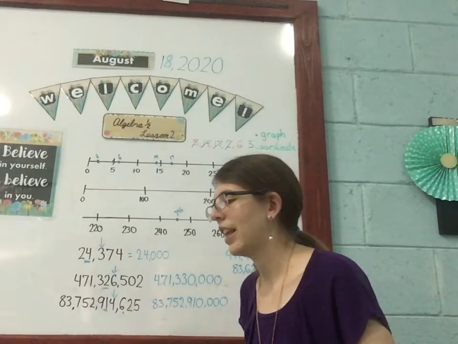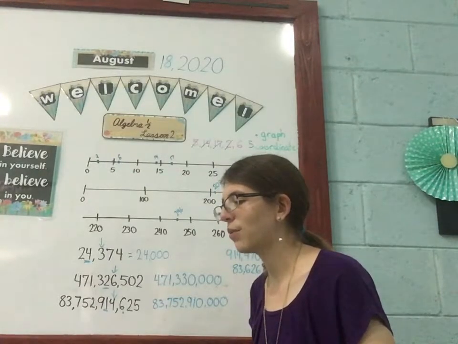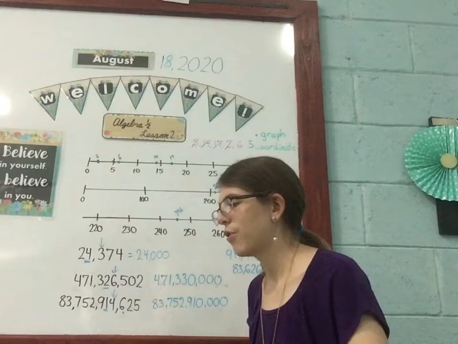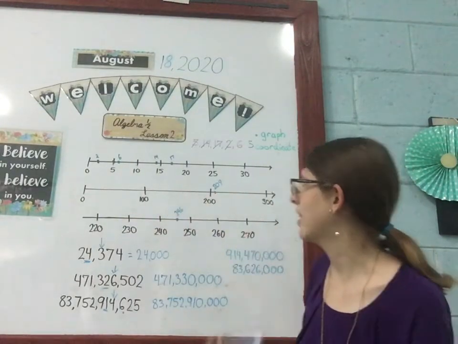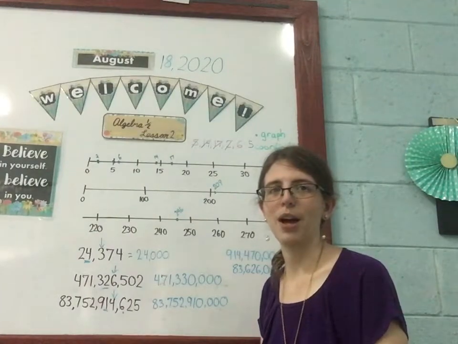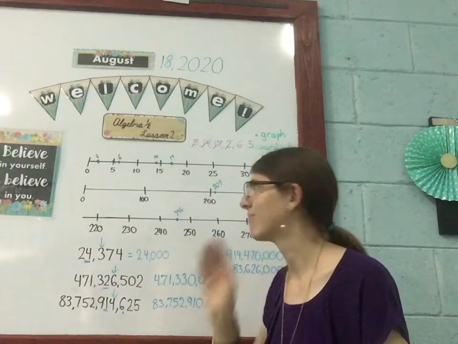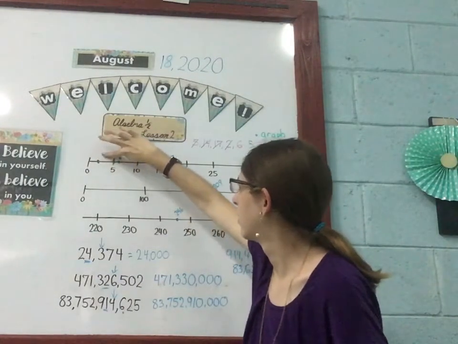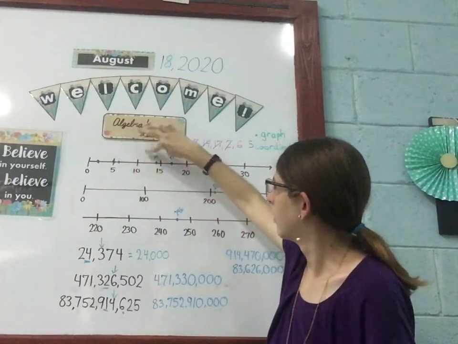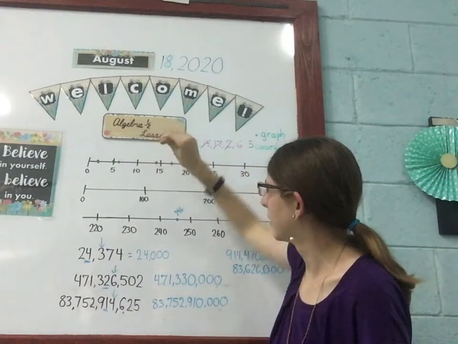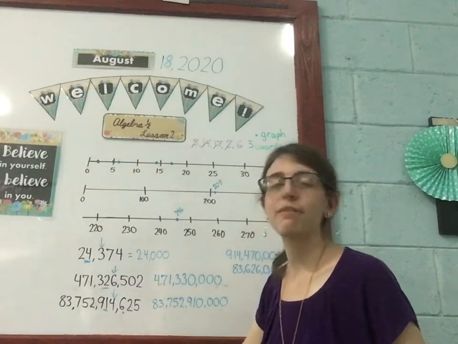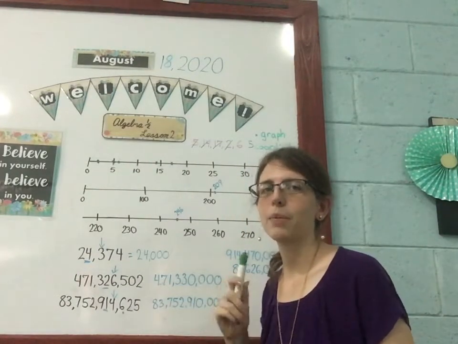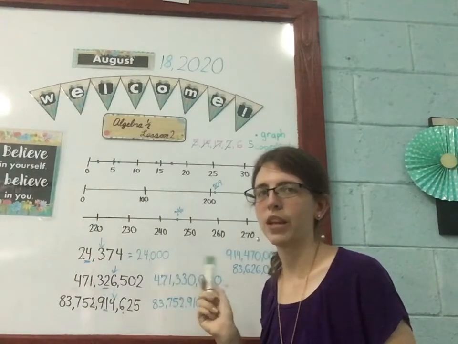Okay, letter C says use a number array to arrange these numbers in order. 3, 11, 14, and 19. So draw a number array just like this and graph your points. Okay, I'm going to leave my blue dots on there, but I'm going to make the ones for your graph in green.